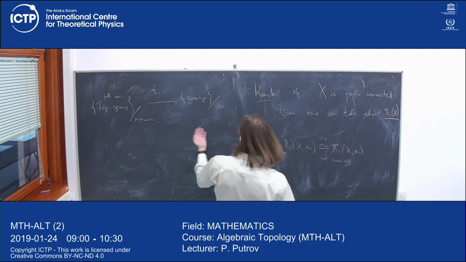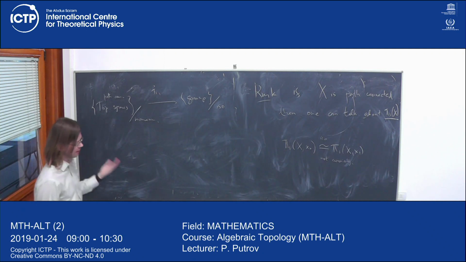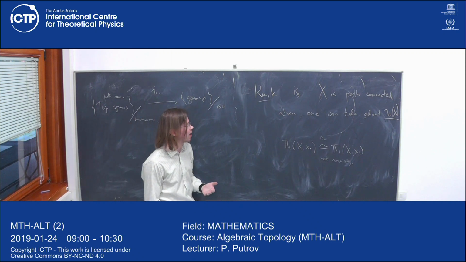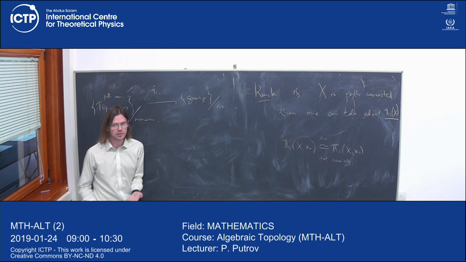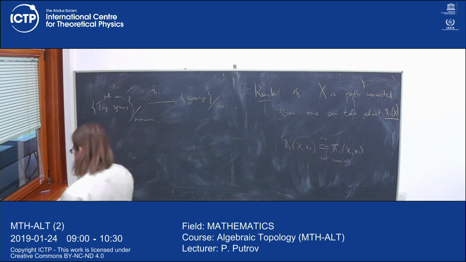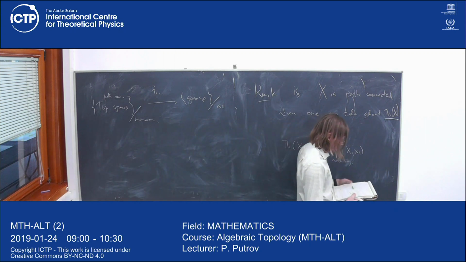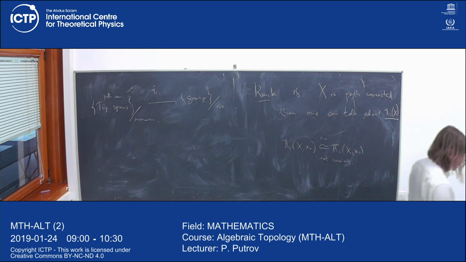Again, the classification of topological spaces is often considered up to homeomorphism, but the classification of groups is also usually considered up to isomorphism. Because otherwise, for each isomorphism class, there would be one group.